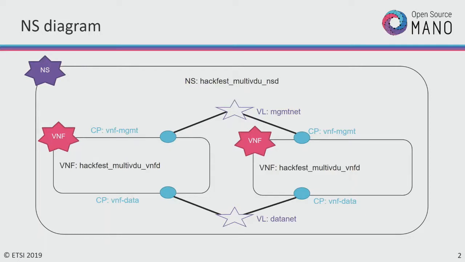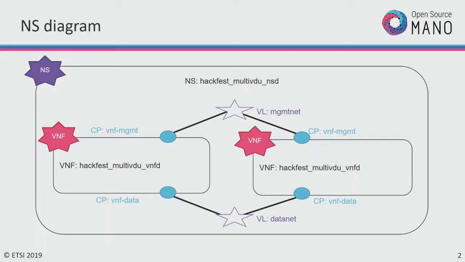You can modify your NSD, adding more VNFs that you have already created. You already have the VNF descriptors in your catalog, so you just modify the network service descriptor to add all the VNFs you need. So you can do that. Yeah, but it depends, because if you have an instance that is using this network service descriptor, you cannot modify it.